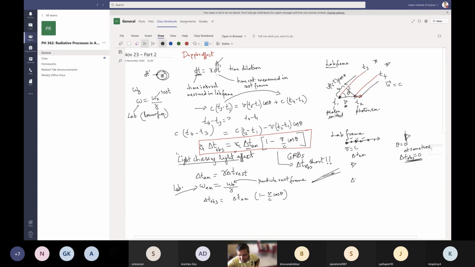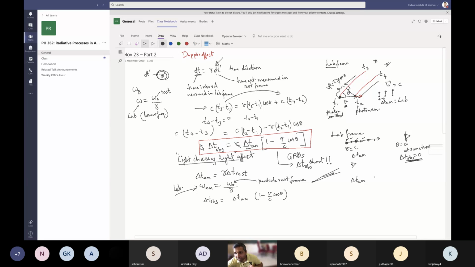Let's forget about any physical motion. What you say is this source is releasing photons after every time delta Tm, right? So there is a source of photons which is moving, and it is releasing photons after time delta Tm as measured in the lab frame.